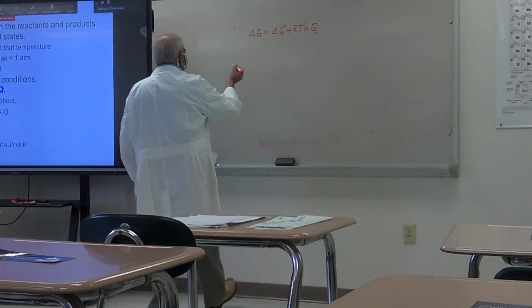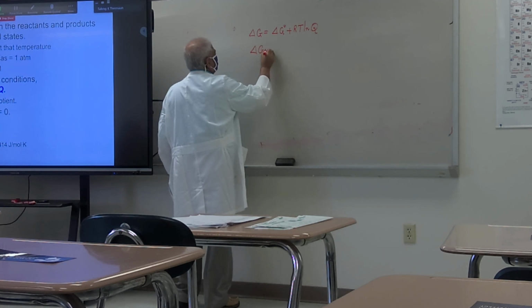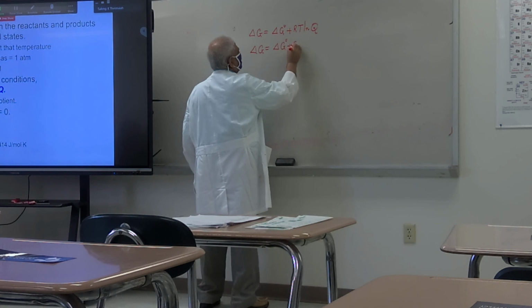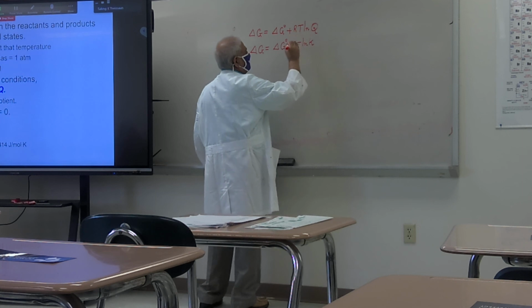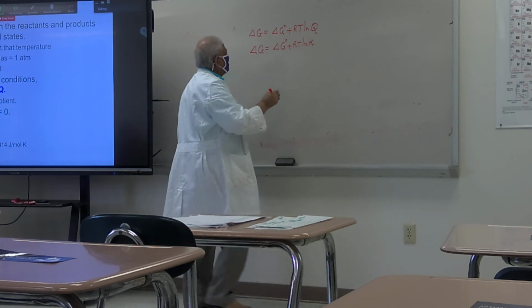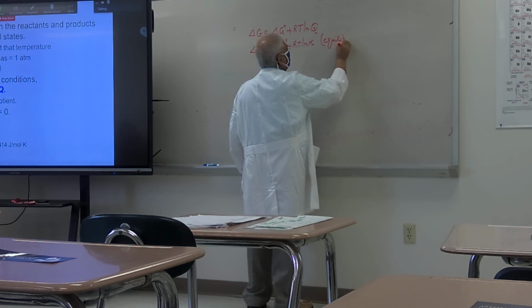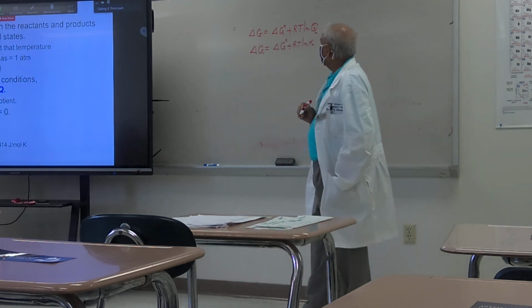And once it reaches the state of equilibrium, then you have what? Delta G equals delta G0 plus RT ln K. This is at equilibrium, where K is the equilibrium constant.